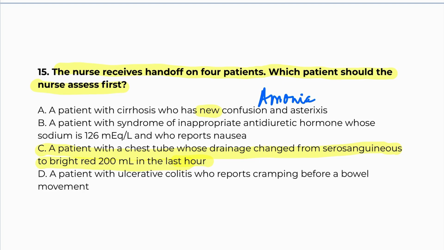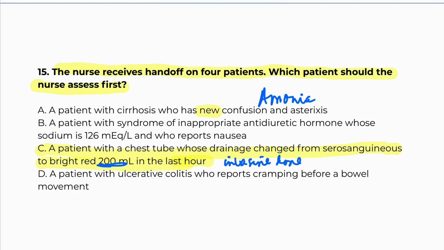which one of the two between A and C is going to crash quickly? It's going to be somebody that's bleeding already, and it says 200. So this is the kicker here: 200 ml in the last hour, right? So there should be an invasive procedure done right now to figure out what's causing the bleeding.